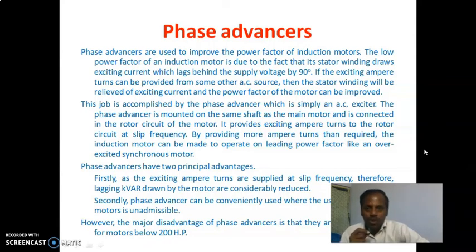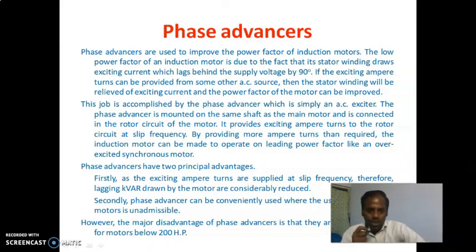The low power factor of an induction motor is due to the fact that its stator winding draws exciting current which lags behind the supply voltage by 90 degrees. If the exciting ampere turns can be provided from some other AC source, then the stator winding will be relieved of the exciting current and the power factor of the motor can be improved. This will be provided inside the winding.